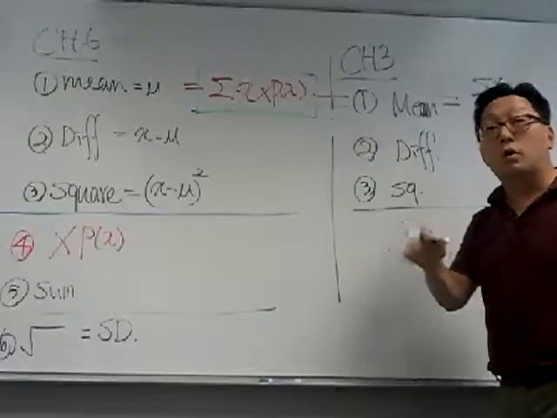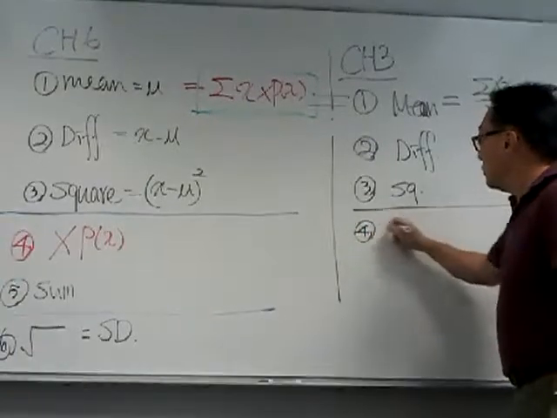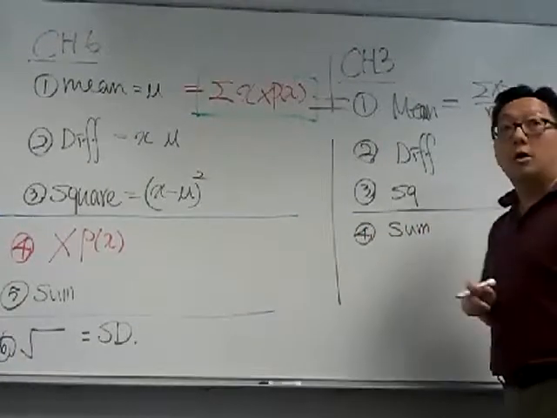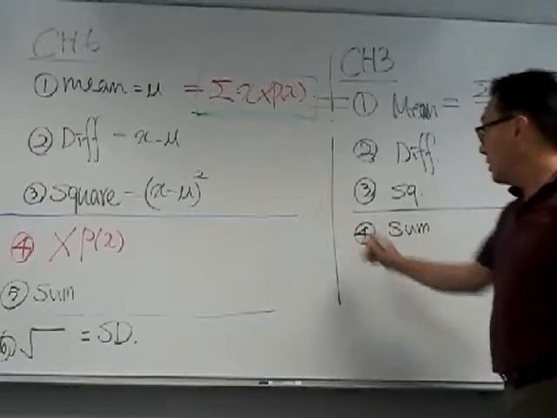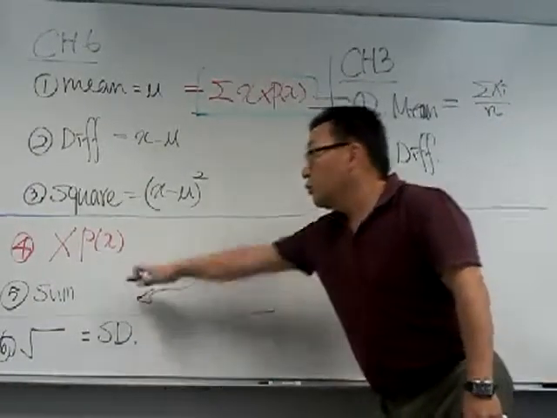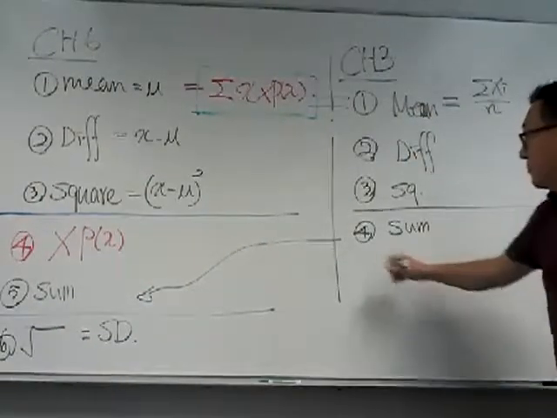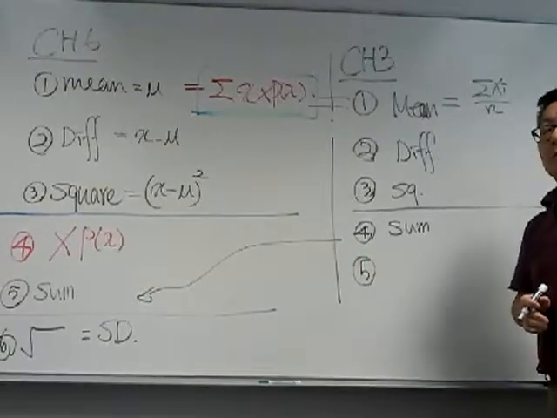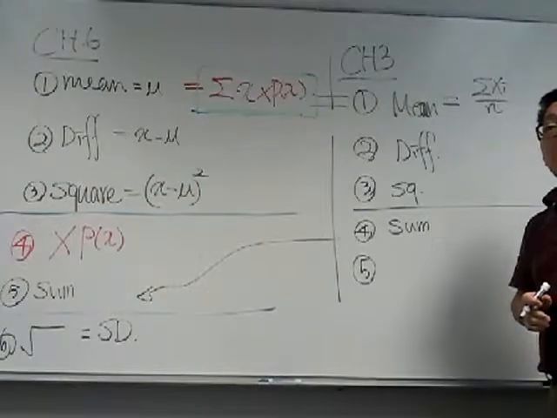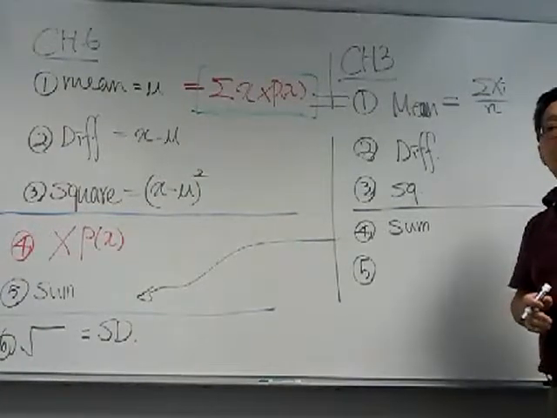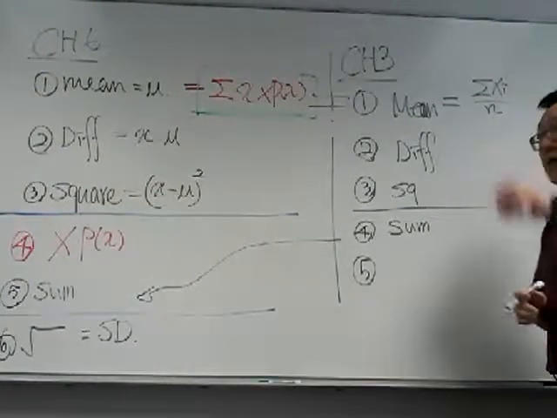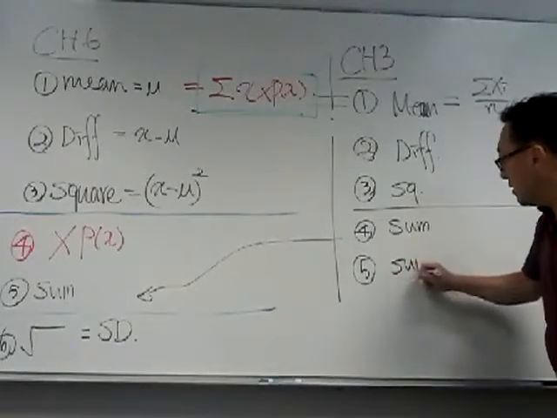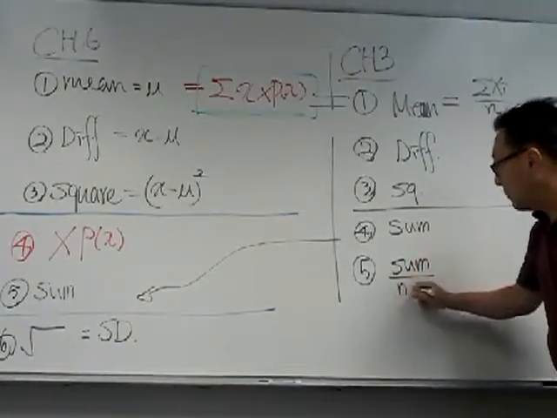But in step 4, we took the sum in chapter 3, but we did something more in chapter 5. Can you remember? Step 5? Divided by n minus 1. Yeah, we took the sum divided by n minus 1.